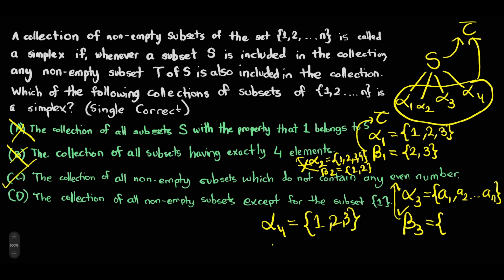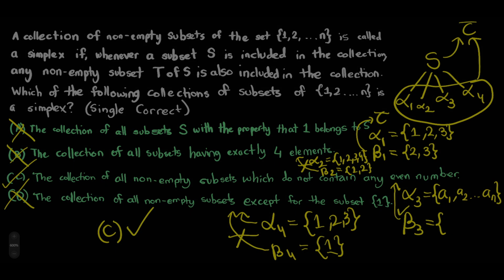Now, clearly, beta 4, equal to the singleton set {1}, is a subset and must be included in the collection if alpha 4 is included. But here we can see that if alpha 4 is included, beta 4 is not included. This means that option D is not a simplex either. Hence, the correct answer is option C.